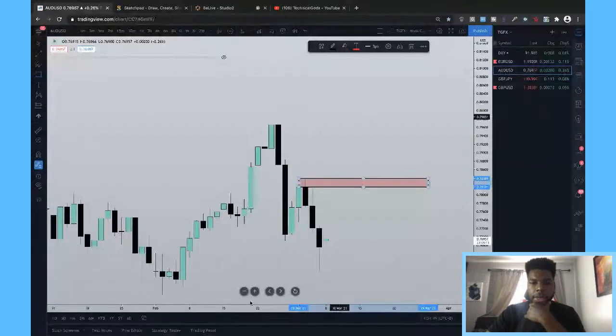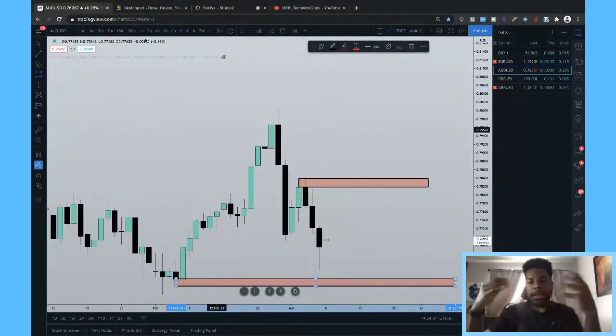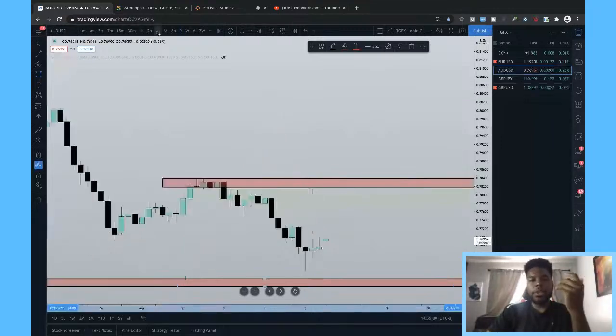All right, then I want to see where's the next support if price pushes lower, which would be right here. So basically what I'm doing is I'm trapping price. So either way it goes, I now know where's the potential level it'll reach before it can turn around. Daily time frame is strong enough to reverse H4, H1 structure, and so on.